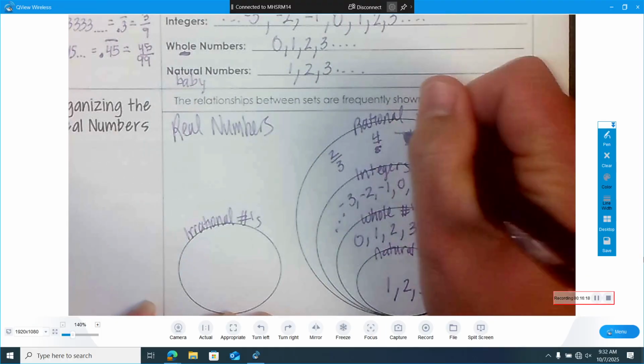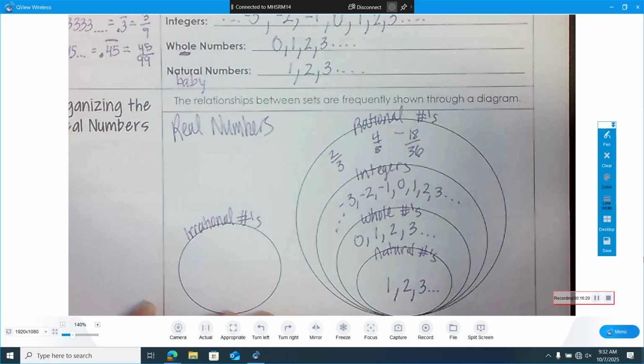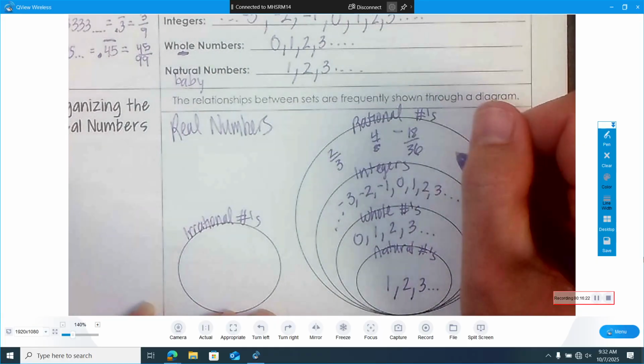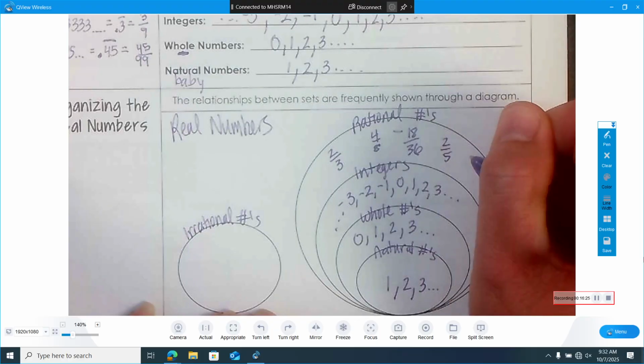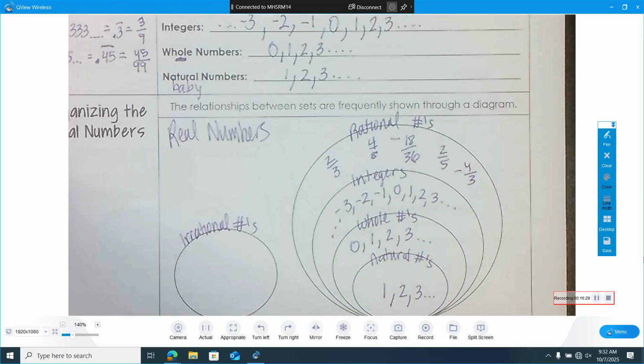Love it. -1836. That's in there. 2/5. -4/3. So all of these lovely things that we can write as fractions.